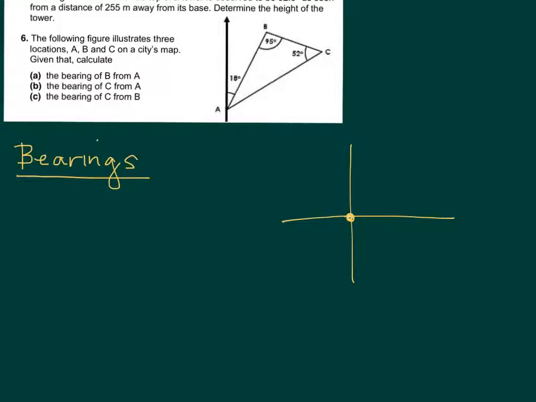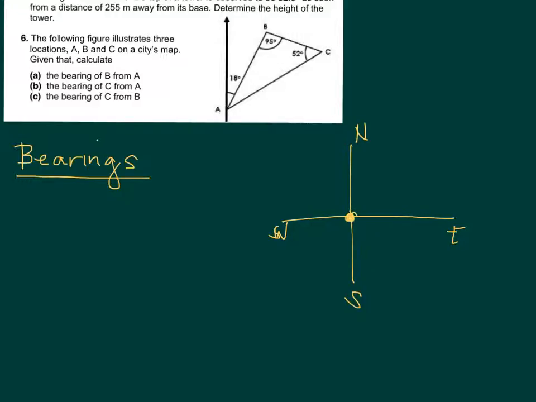Okay, so let us start with the idea again. If this is the object, this is the north, the east, the west, and the south. Whenever we want to compute for the bearing, the angle is measured from the north axis.